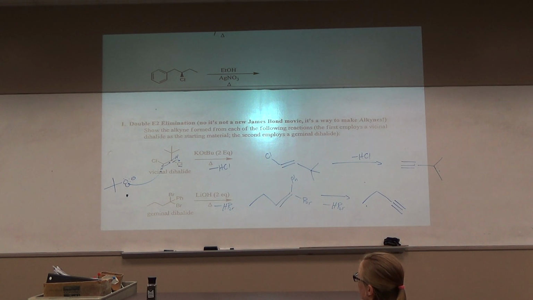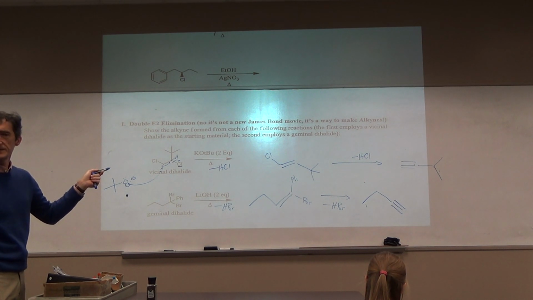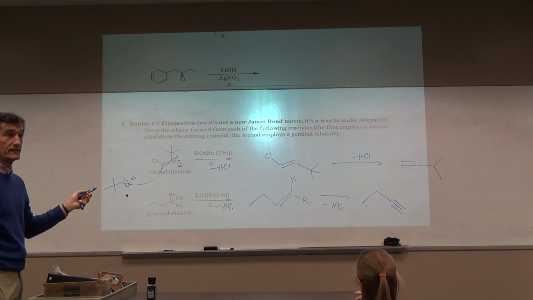What's the exception over there? The leaving group in the second elimination is not on a tetrahedral carbon. I almost hate to show that to you because I hate to show you the exceptions, because then you're going to get in trouble. Don't ever do that except for here. I don't want you to go doing it anywhere else. That's why when you did a double E2 elimination, it had to be heated pretty high.